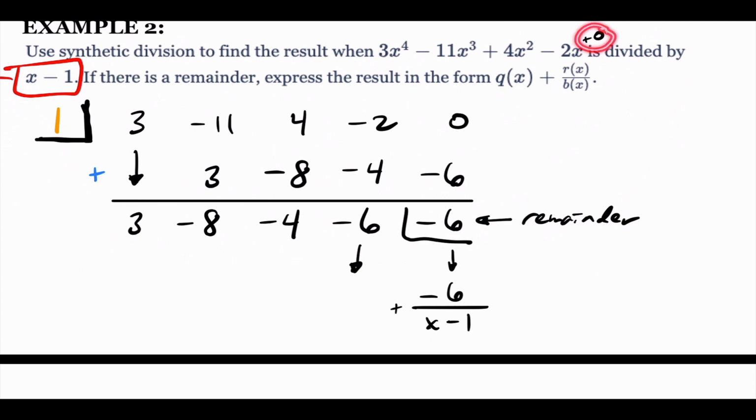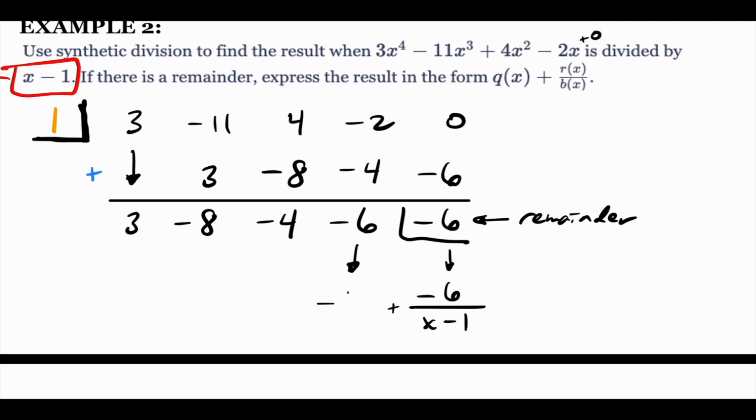No x. Next guy. Negative 4 takes negative 2x's spot. Negative 4x. Next guy. Negative 8 takes 4x squared spot. Negative 8x squared.